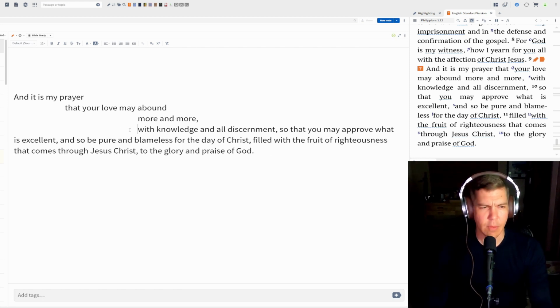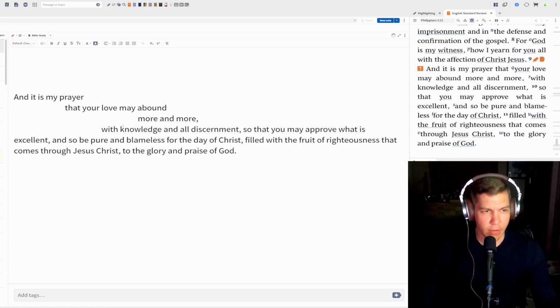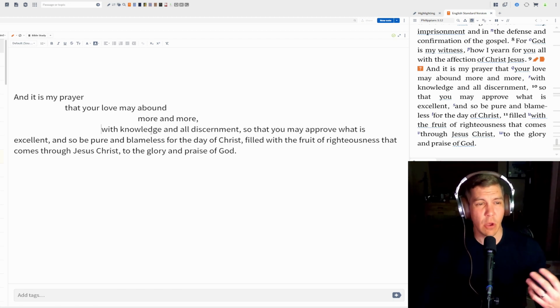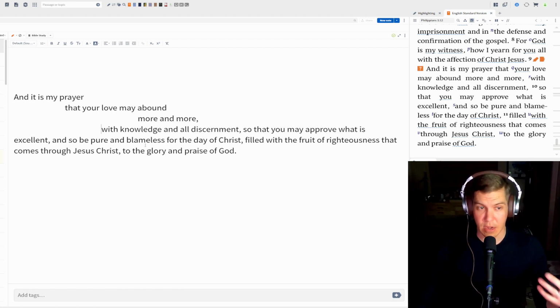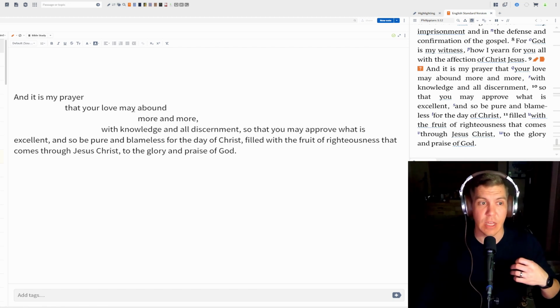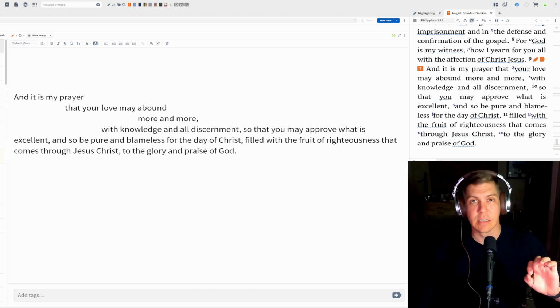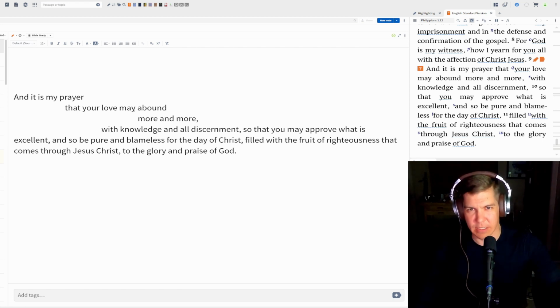I'm going to take an initial guess that it is the love that is described as being with knowledge and all discernment, rather than the way the love is abounding. But it's worth keeping in mind that it could very well be that "with knowledge and all discernment" is describing how that love is abounding more so than describing the love itself.